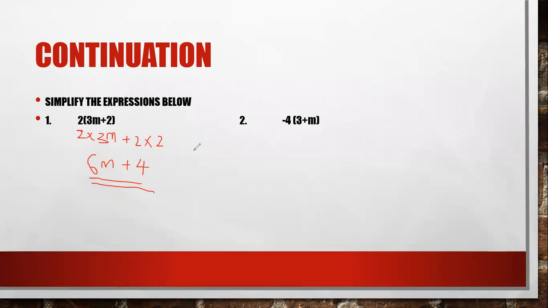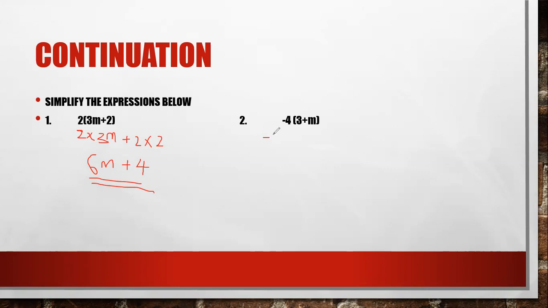Okay, Ruth, let's have someone to us too. Let Brian do so. Yeah, number 2. They told us to simplify the expressions below. Number 2 in particular, they've said negative 4. We are going to use it to open the brackets.